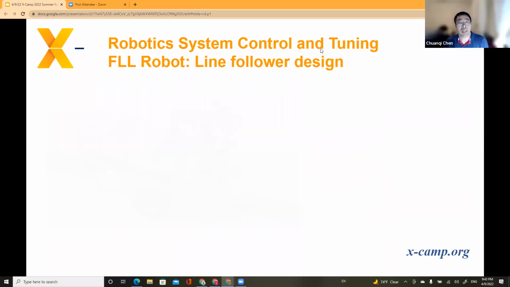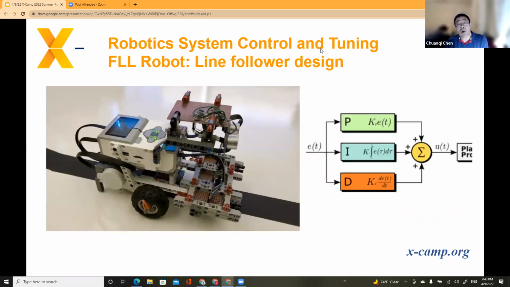Okay, next slide. So for example, if in this class, there is one module about PID control. So you will have input, the position of your robot. And from the position of the robot and the target, you know the target position, how do you calculate your control?